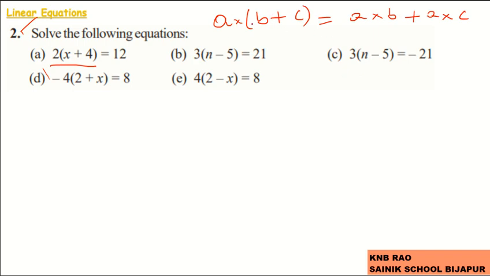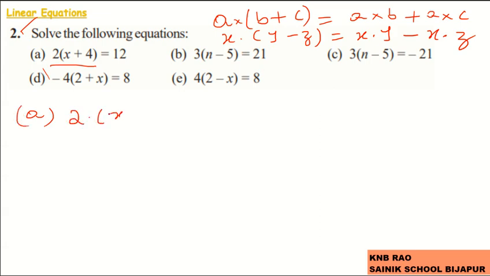Multiplication over subtraction also gives similarly. Here only the subtrahend changes: x into y minus z is x into y minus x into z. With the knowledge of the distributive property, we will solve these questions.